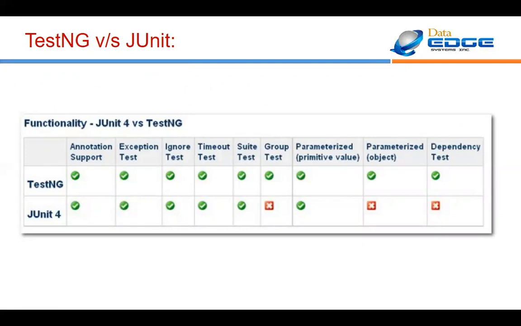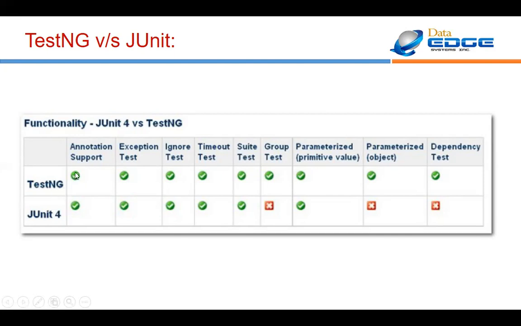So on your screen, you will be able to find the comparison between TestNG and JUnit. On the top, you can see these are the different parameters or conditions based on which we are going to make the comparison.